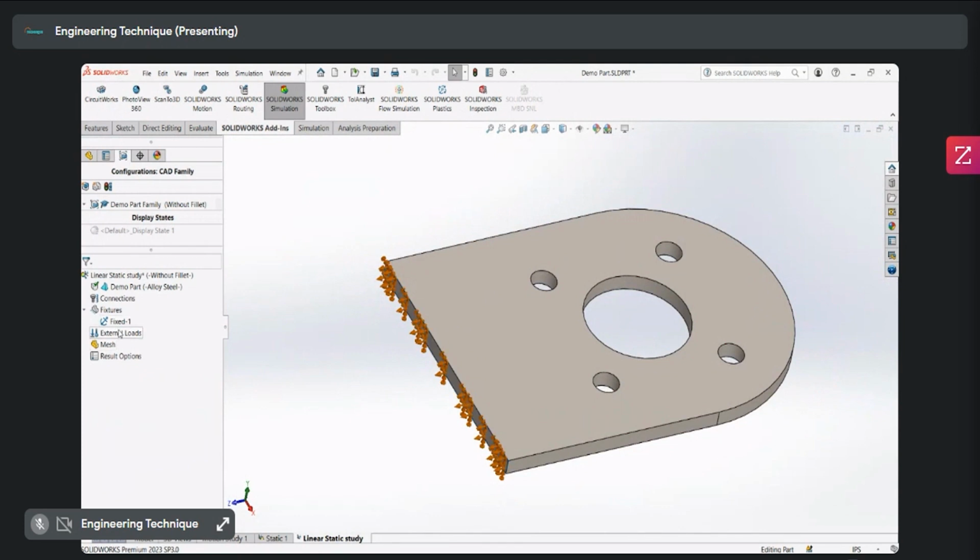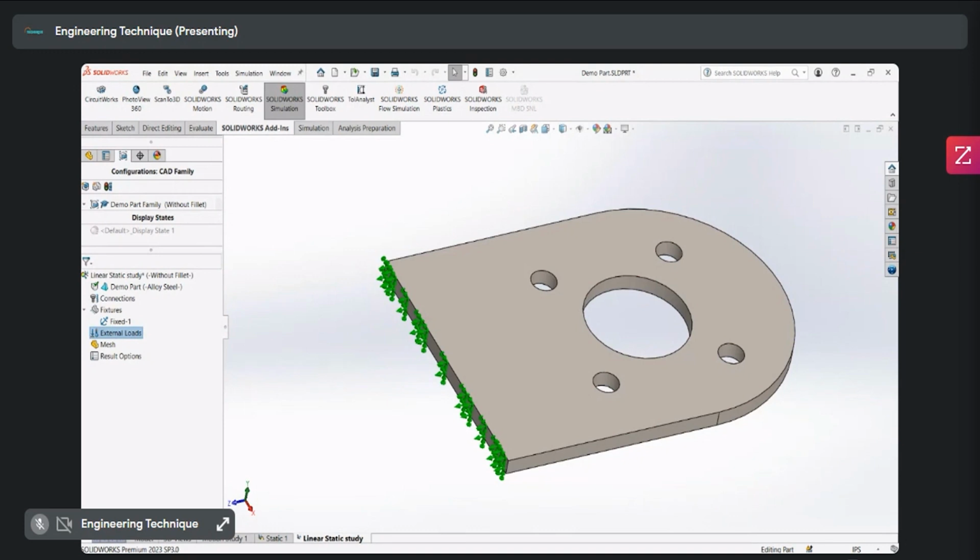Now in external loads, there are various types of external load that we discussed: force, torque, pressure, gravity, centrifugal load, bearing load. You can define the temperature load also, and you can define the prescribed displacement also.